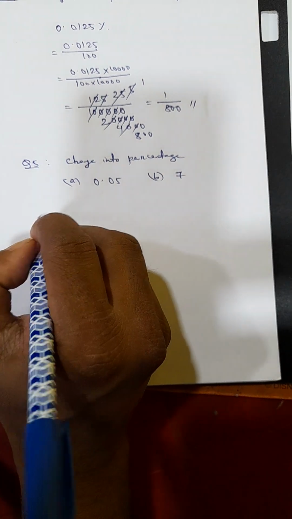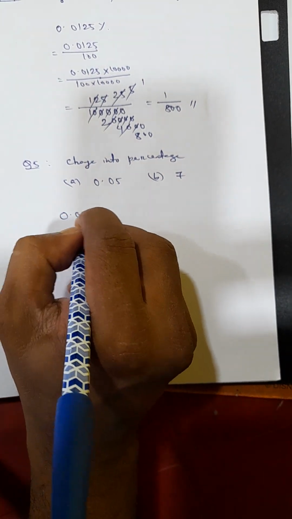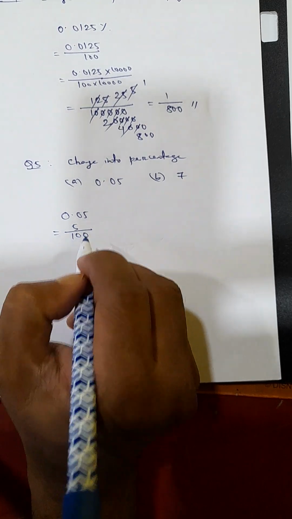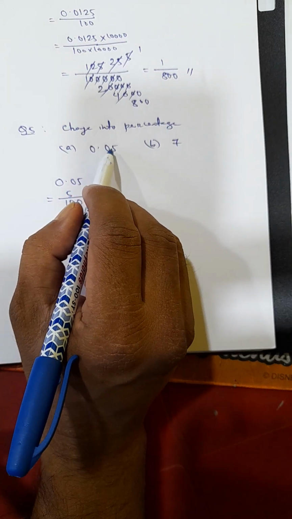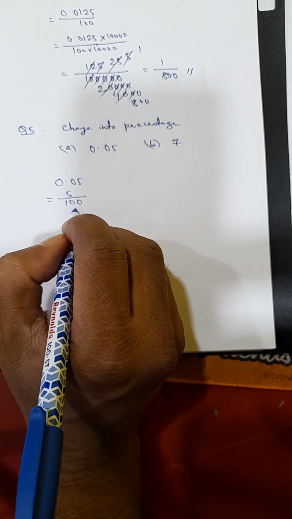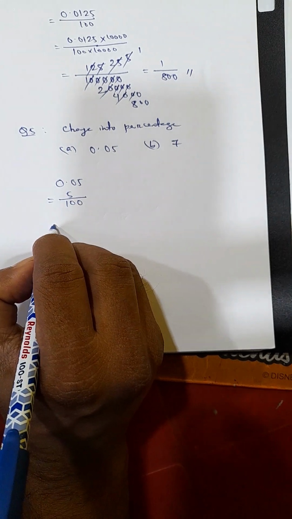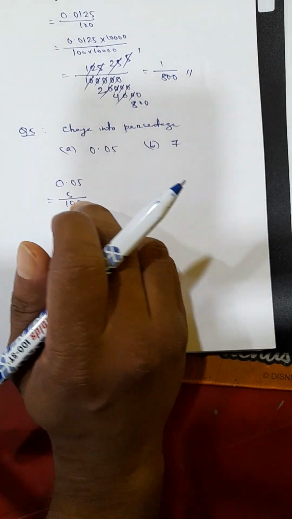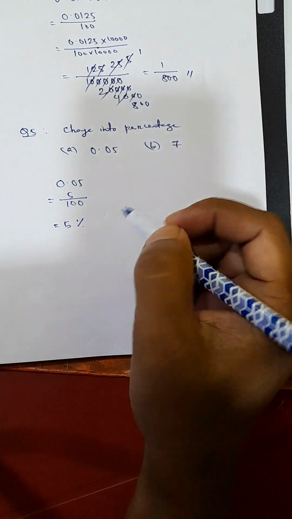Now 0.05 means 5 by 100. There are 2 places behind the decimal, so we got 5 by 100. Now 5 by 100 means 5%. Percentage means out of 100, so out of 100, 5 means 5%.